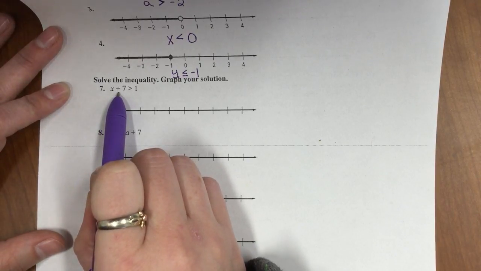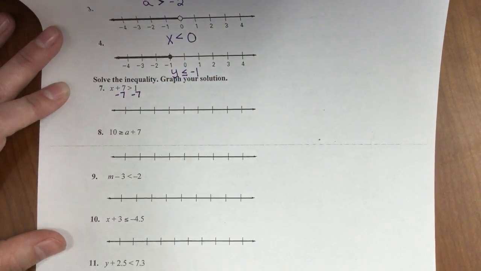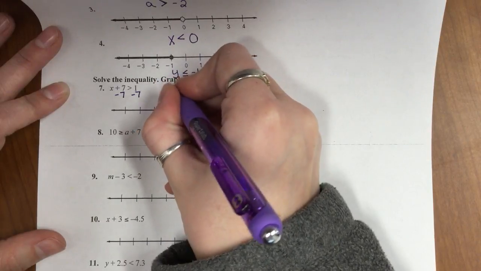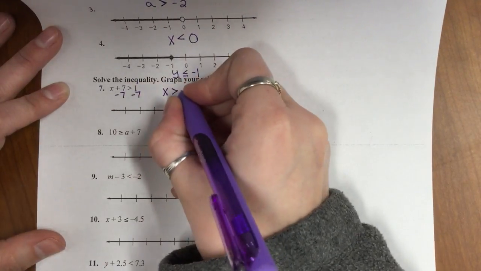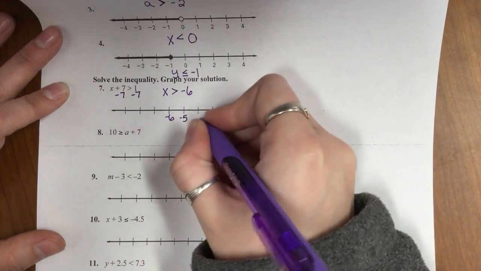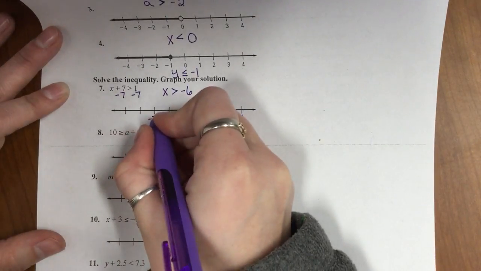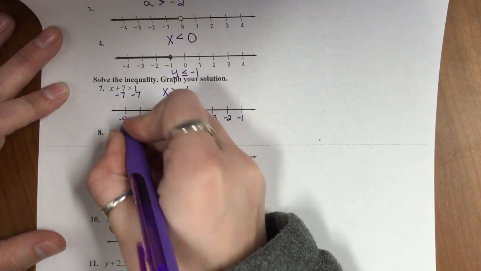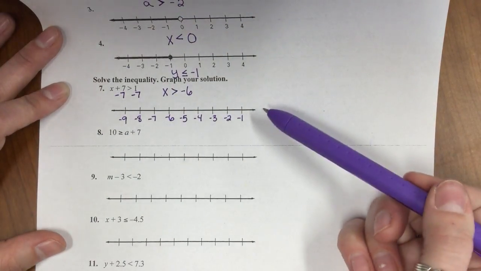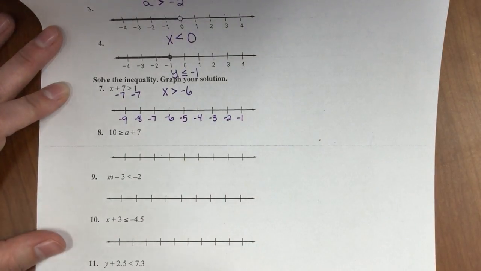So how do we undo the plus? We subtract 7 from both sides. So x is greater than 1 minus 7, which is -6. Remember that as we go this way, our numbers get smaller, and when negative numbers get smaller, they become quote-unquote larger negatives.